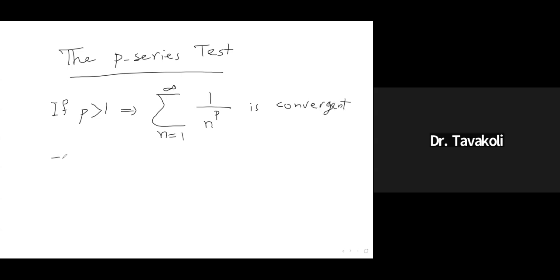And if p is less than or equal to 1, this series of 1 over n to the power of p is divergent. So for the last three examples, we could have explained the divergence or convergence by using the p-series test.